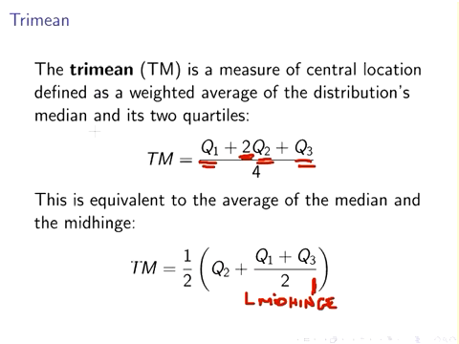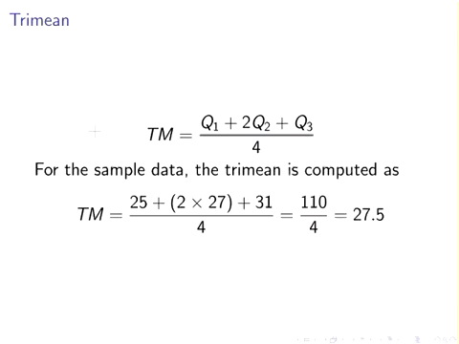Now, let's look at our data set here again. So we have 25 plus 2 times 27 plus 31. Divide that by 4. So we have 110 divided by 4, and that's 27.5. Just as a remark, let's do it the other way, median and mid-hinge.